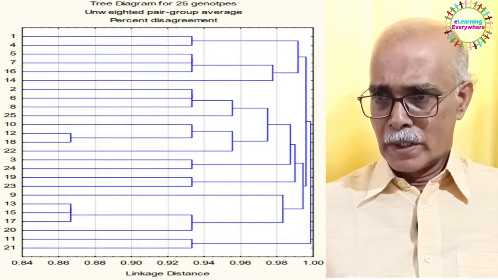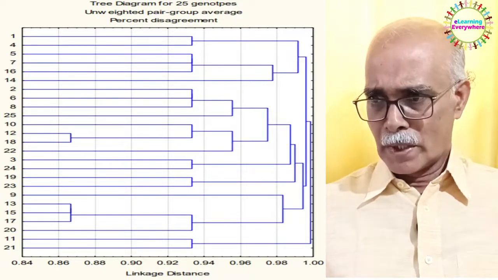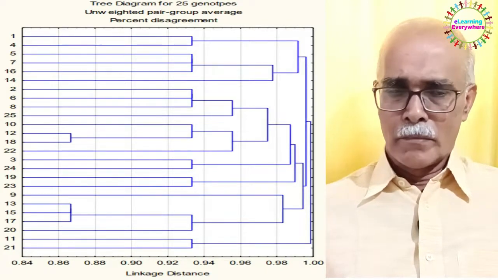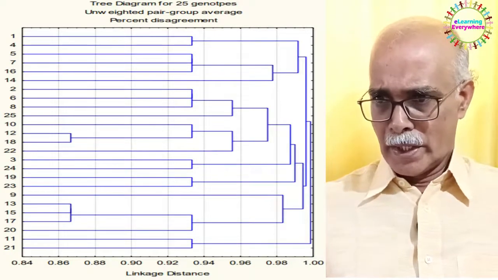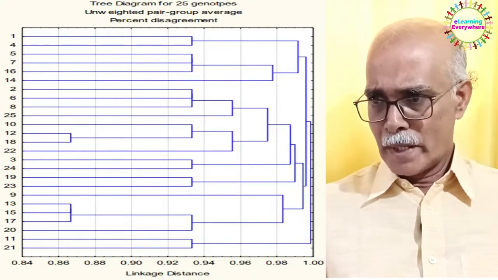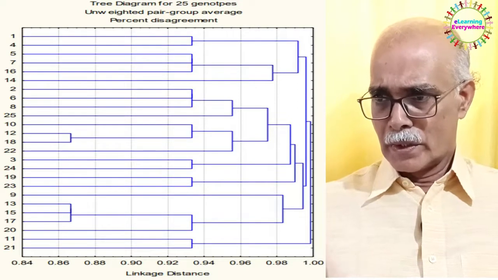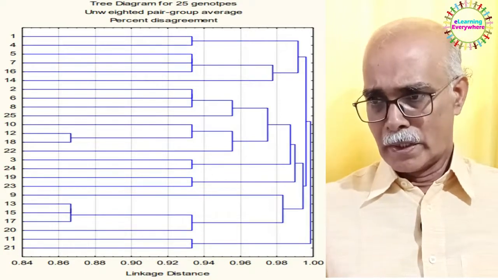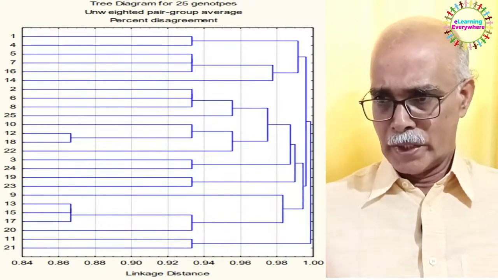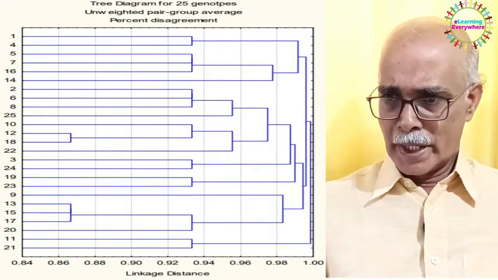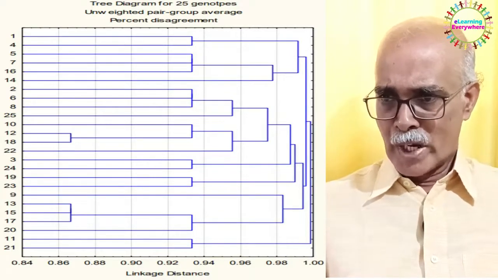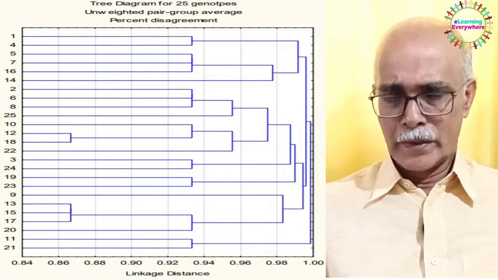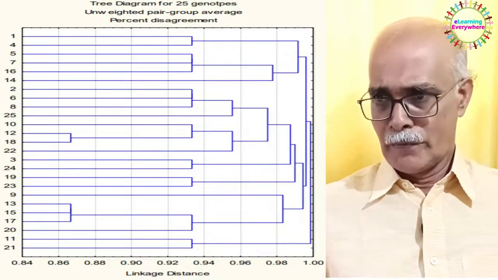So you can see that the subclusters described earlier contain a few genotypes, and all the other genotypes of the second cluster are then clustered together. You can see it in the diagram, starting from genotype number 2 to genotype number 20, they are positioned differently.